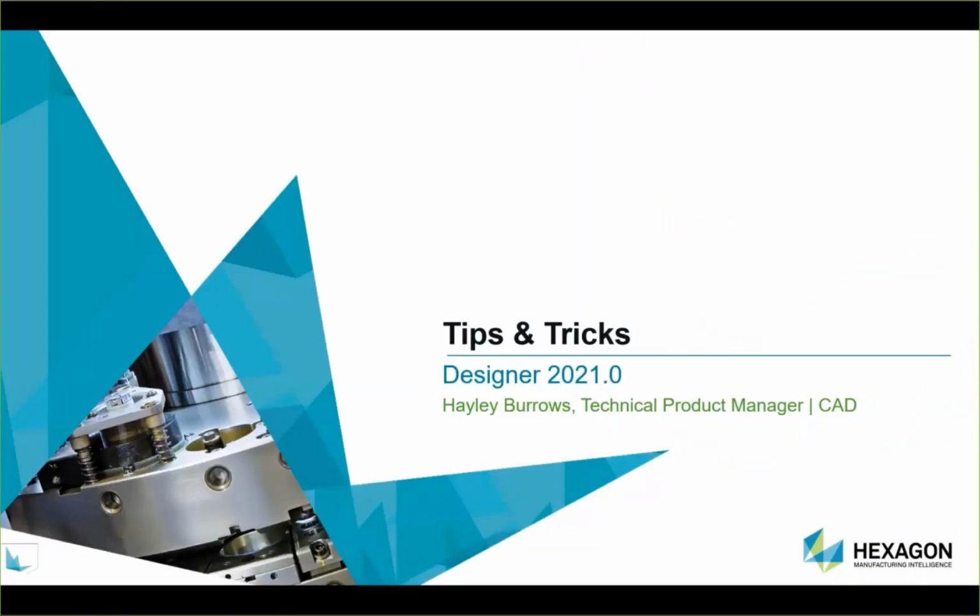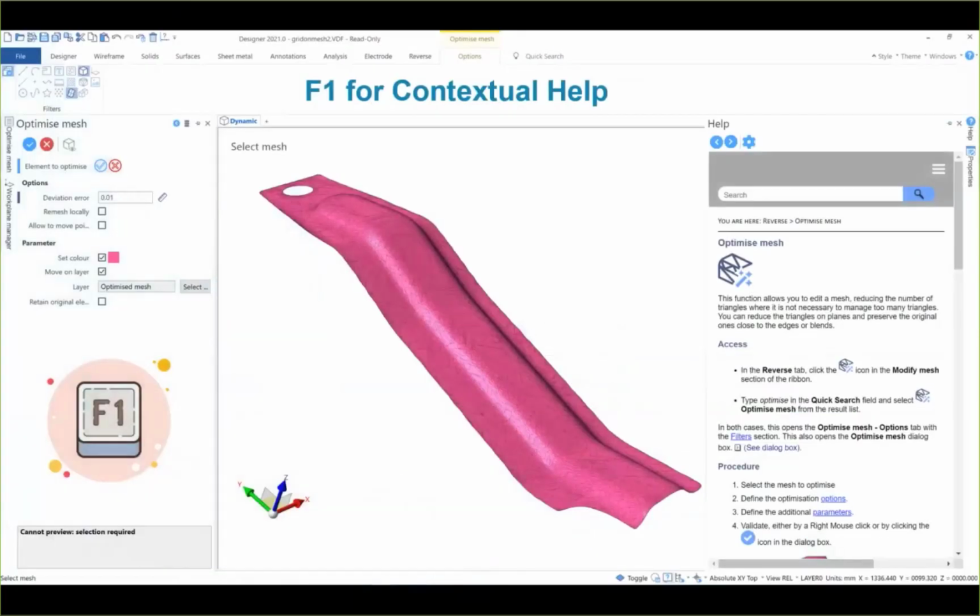Okay, so I'll start with a couple of tips and tricks for Designer, just things I think you should be aware of, and I can show you in the software as well. Some of the commands have many options. There are 23 brand new commands in this new module, so I'm not going to be able to go through every single option in every single command.